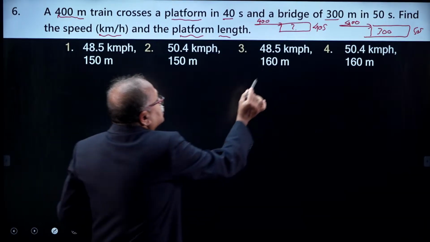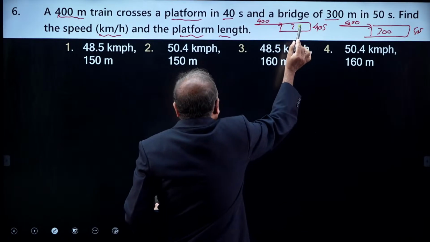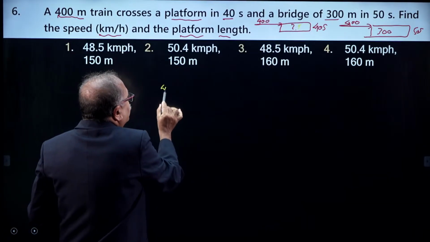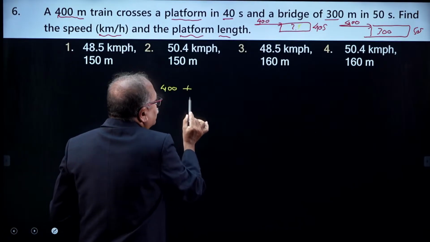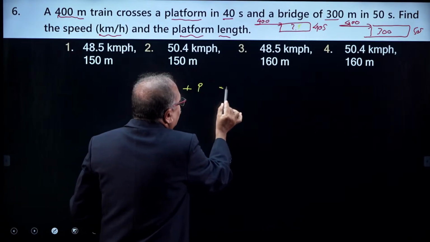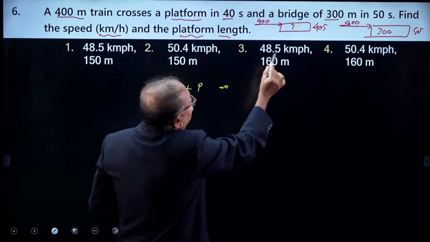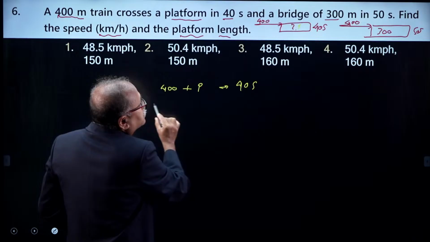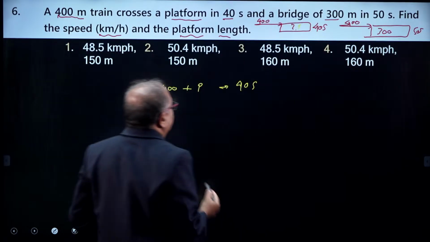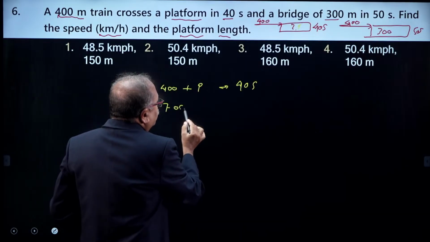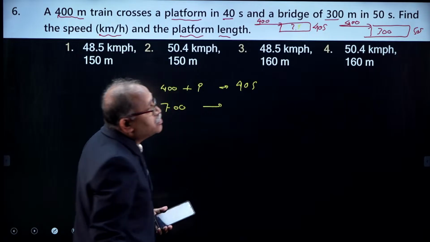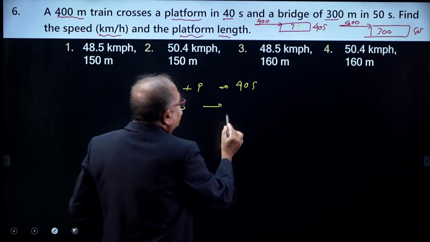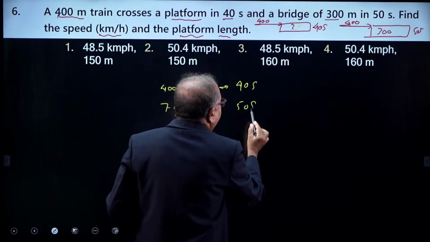What I know is, if the platform length is P, that means 400, which is already given to us, plus P, and it takes 40 seconds. And it is also mentioned that this is 400 plus 300, that is 700 meters. It takes how much time? It takes 50 seconds.